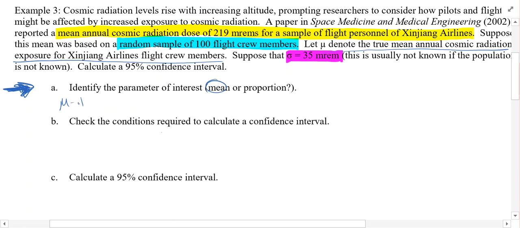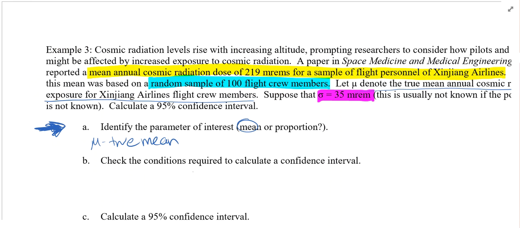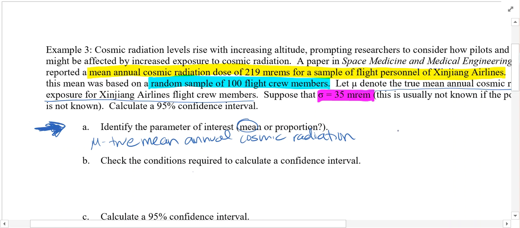Mu is the true mean annual cosmic radiation exposure, and it says it right here in this sentence. And it's still for this particular airline.